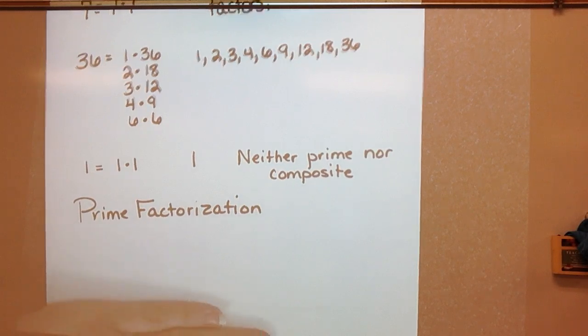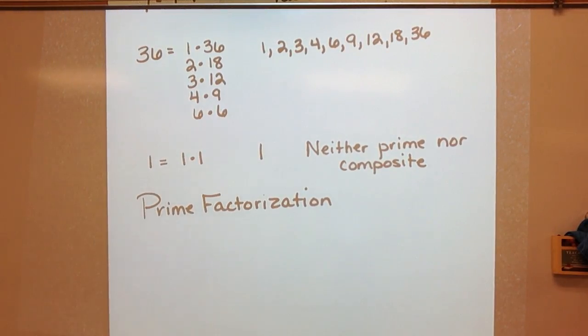Okay? That is what we call the prime factorization. Once again, this is where those factor trees led to, if you ever did a factor tree. It led us to the prime factorization of numbers.